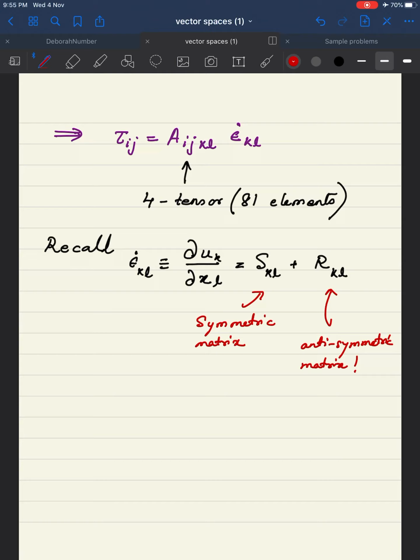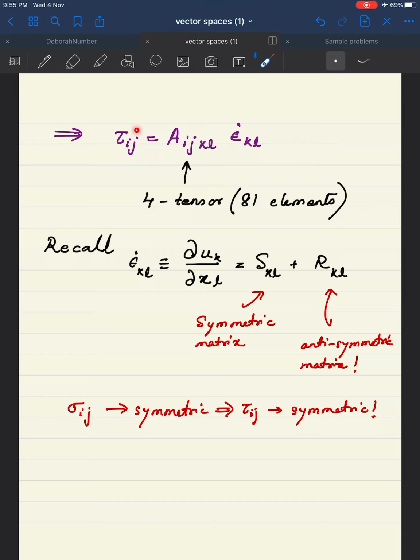Now, by the way, sigma ij is symmetric. We have already established that, which means that tau ij is symmetric. So you have a symmetric matrix that is resulting from some linear operation on a matrix that has both symmetric and antisymmetric parts.